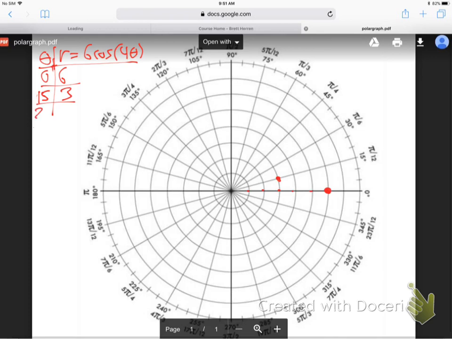And then at 30, something bad's going to happen. Well, we're going to miss something. You're going to be at negative 3. Did y'all get that? Aim the cannon this way, 30 degrees, and it backfires 3.